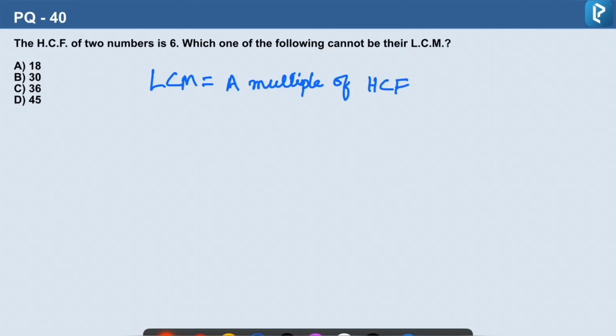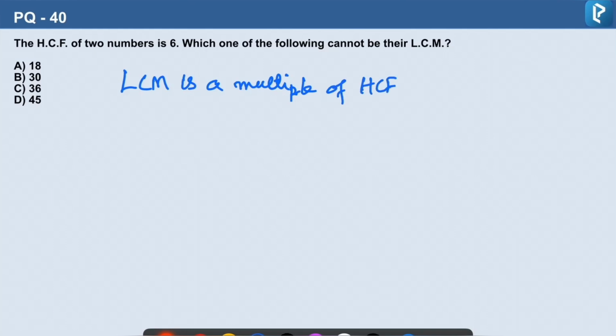We should remember this fact. So we should check the options to see which is a multiple of HCF and which is not a multiple.